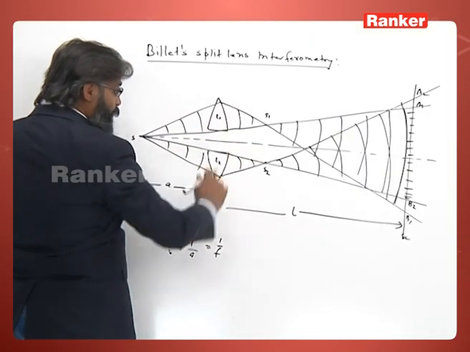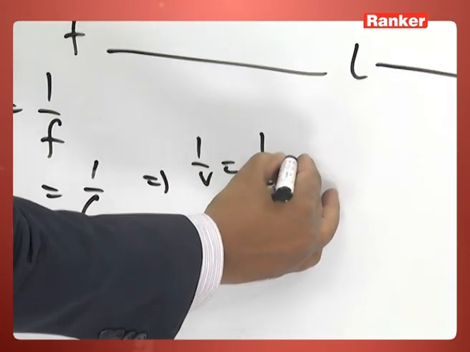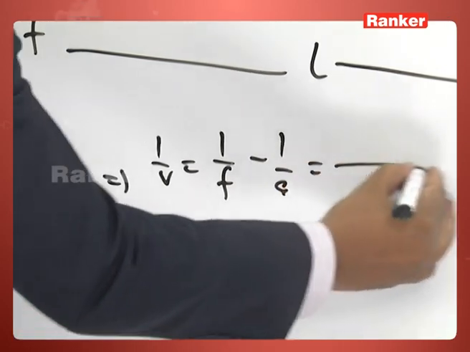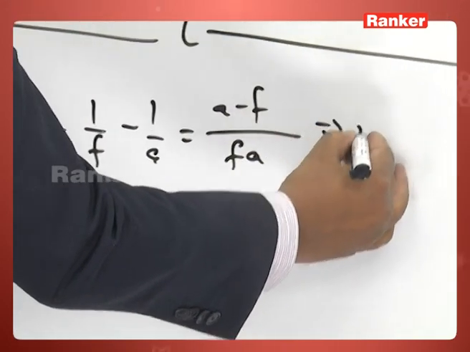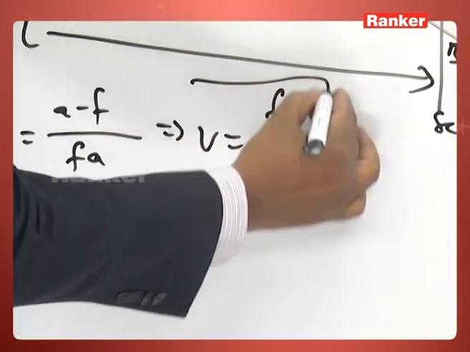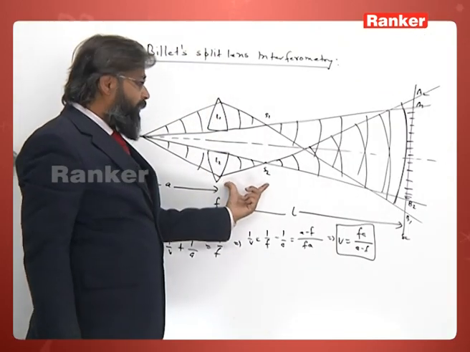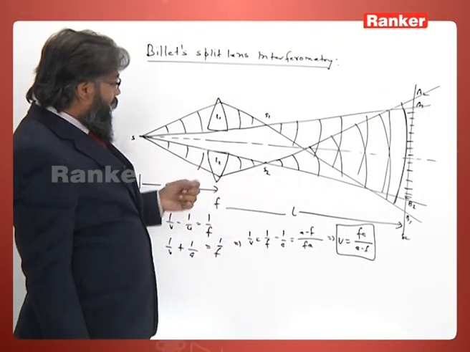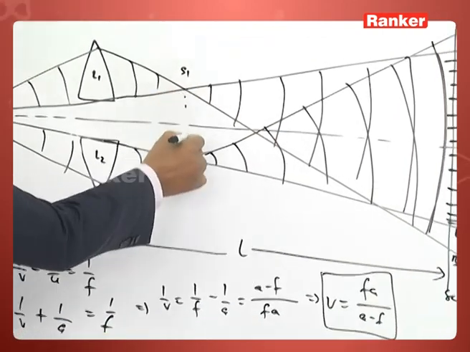Focal length is positive for converging lens, so 1 by v becomes 1 by f minus 1 by a, that is again f into a by a minus f, that is v is f a by a minus f. This is this distance.